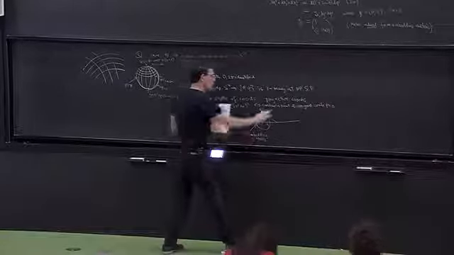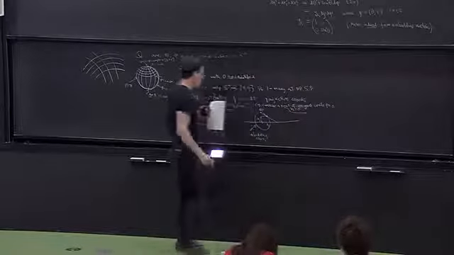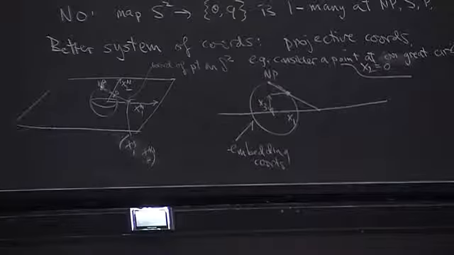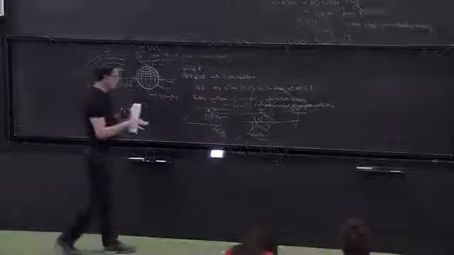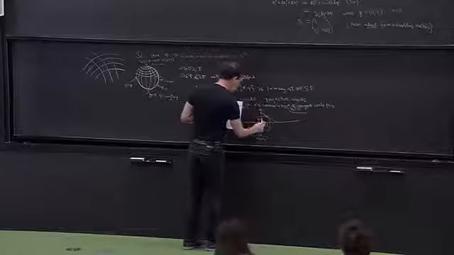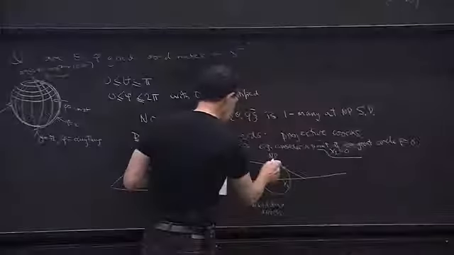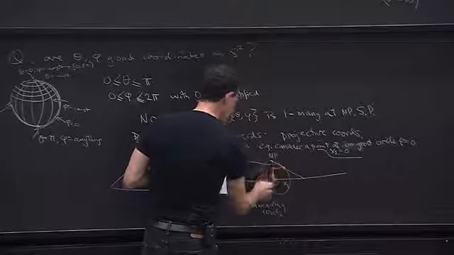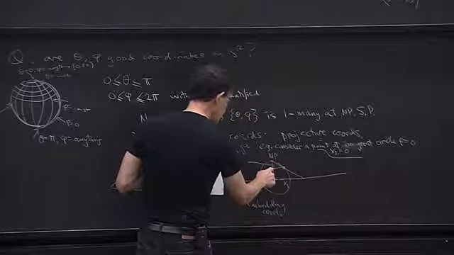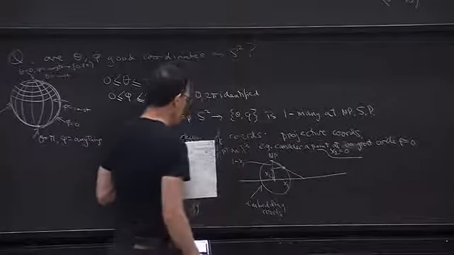Okay, and so x2 is 0. So the coordinates of my point are x1 and x3. x2 is 0. Now when I do this, you can see this distance here from the North Pole down the axis to x3 is 1 minus x3, right?